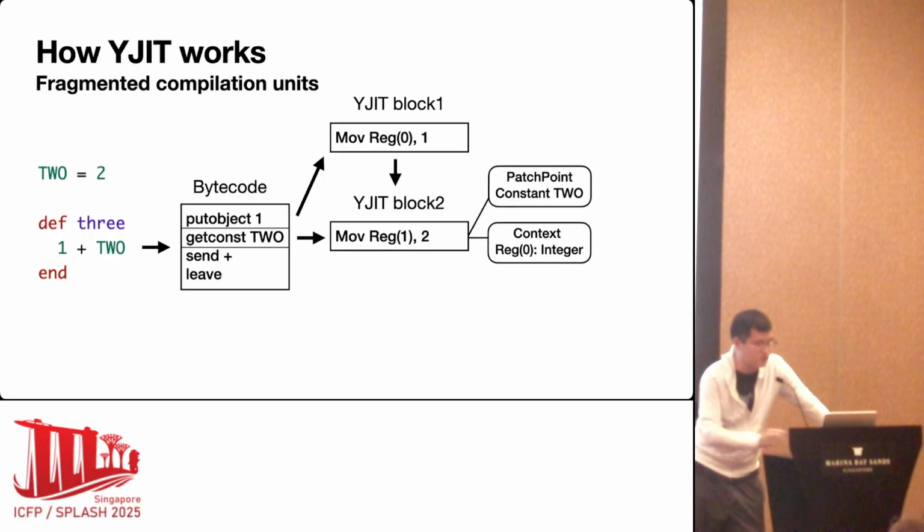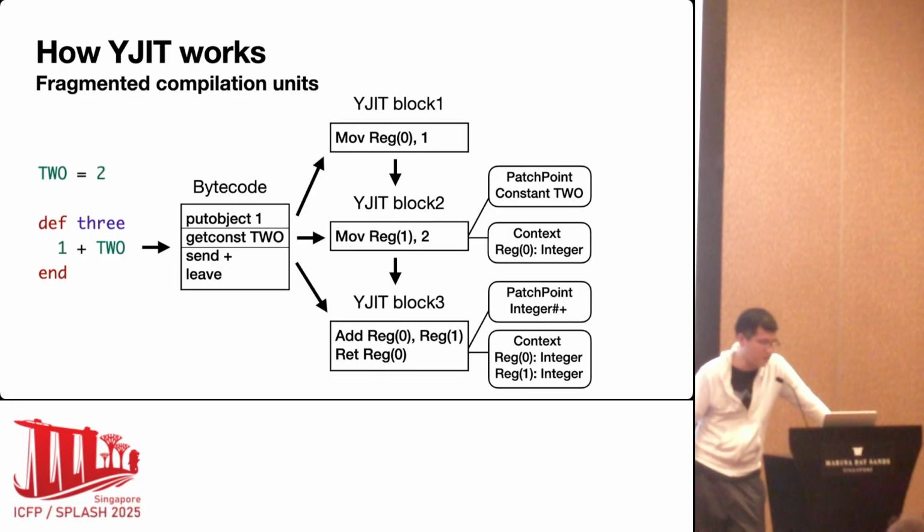Then the next block just gets the constant and assigns that to a register with a patch point, so that you don't need to read the constant from the heap. Finally, the third block just adds the 2 registers and returns that, with a patch point for method redefinition so that we don't need to check for redefinition every time.